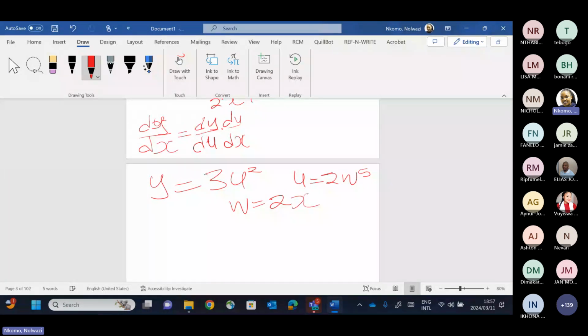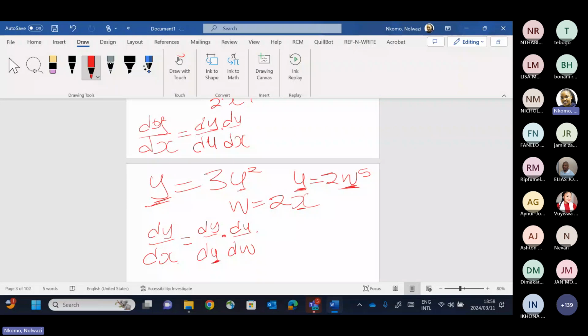If I ask you to find dy over dx, you know that y is a function of u, so dy over dx would be dy over du times du over dw, because u is a function of w, but w is a function of x.